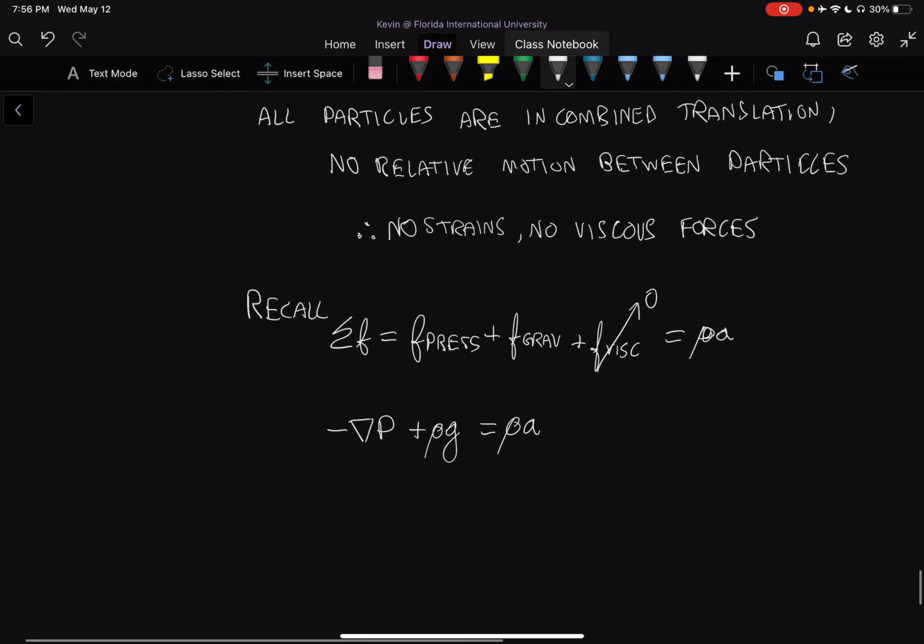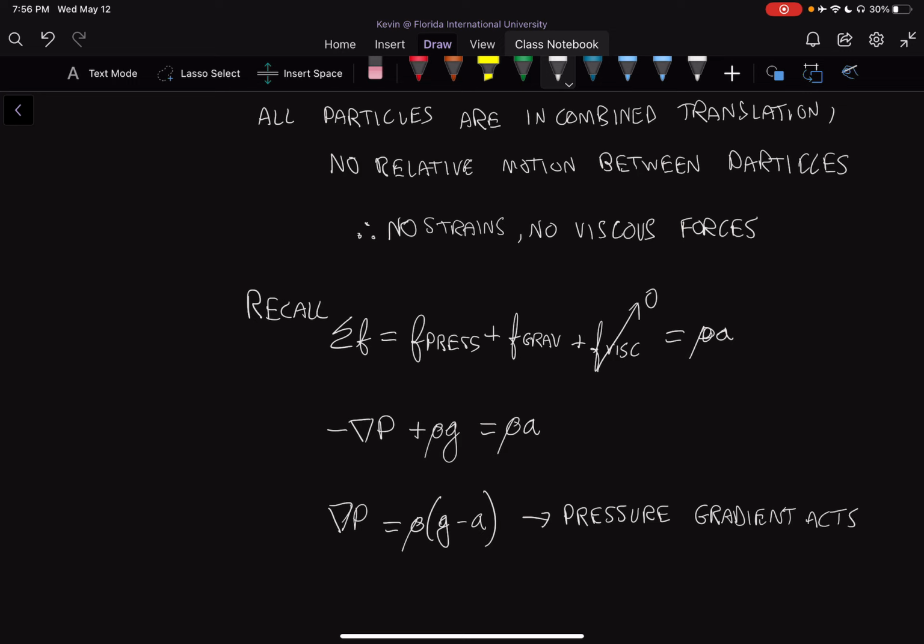And so we can see that if we rearrange the equation and bring rho to the right side, the pressure gradient is going to act along with gravity and acceleration. So the pressure gradient, so the change in pressure, acts in the direction of g minus A.